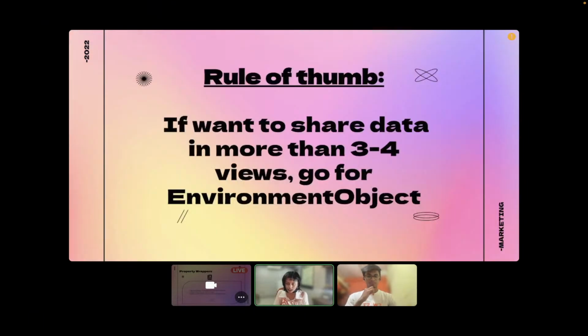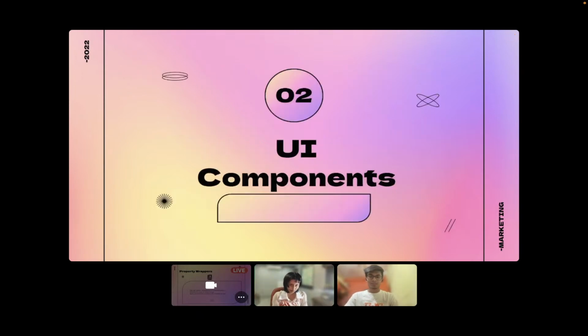That would be the best practice. Yes, so that was about the environment object. I guess that's a pretty nice tip to have: if we have 3 or more views that consume the same data, we should use the environment object rather than passing bindings or any state variables.